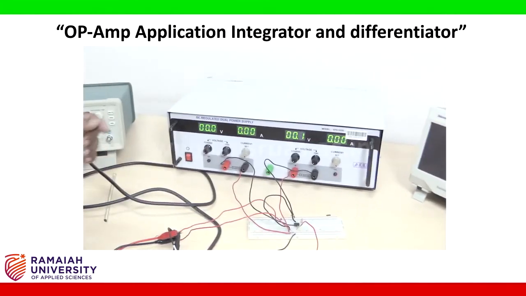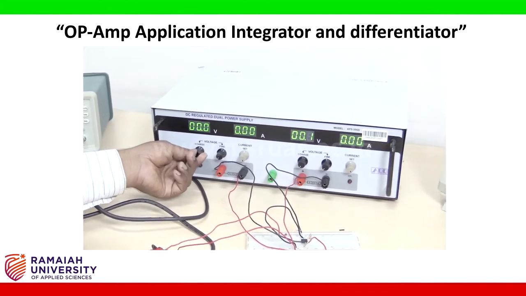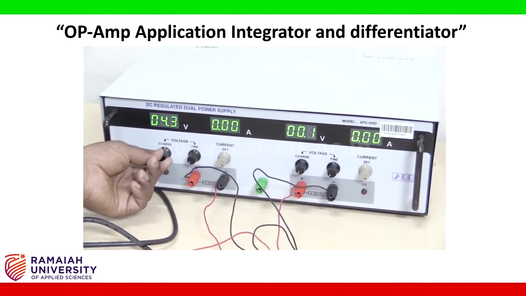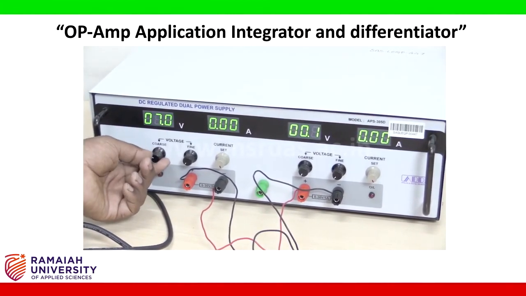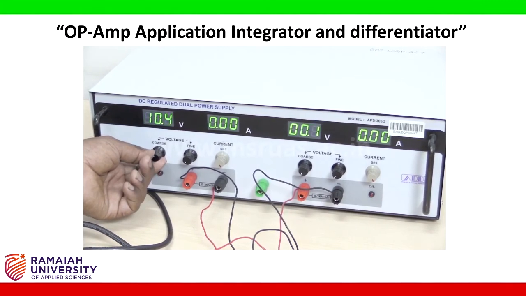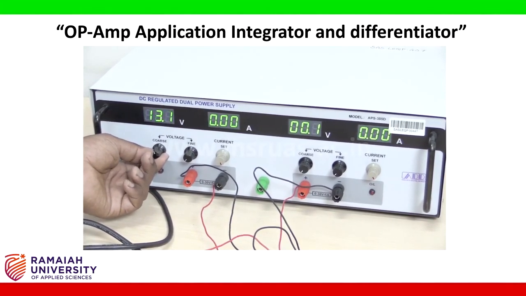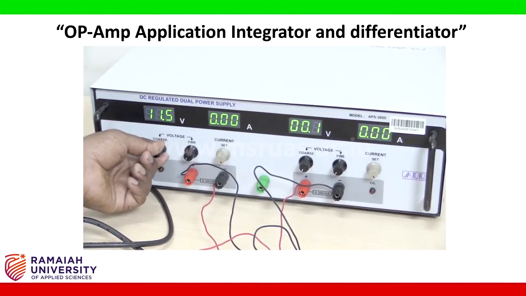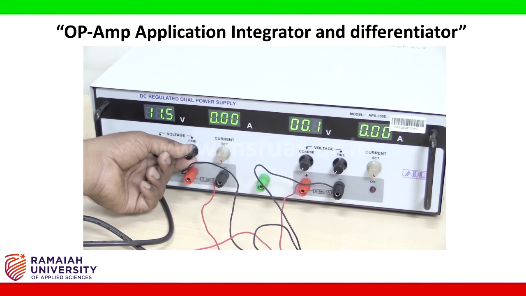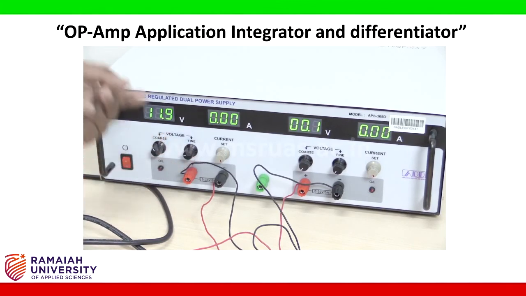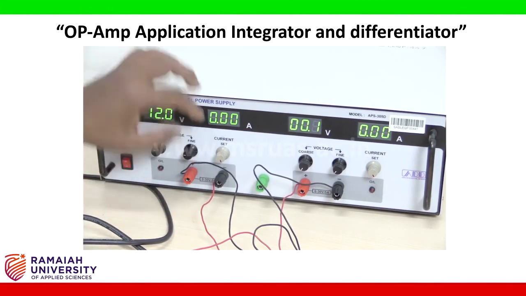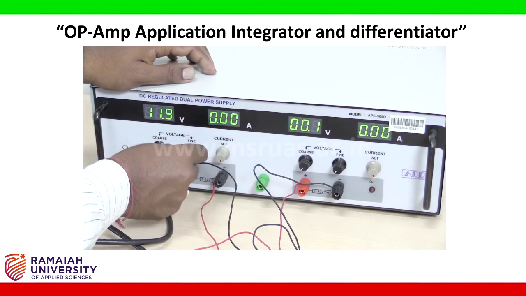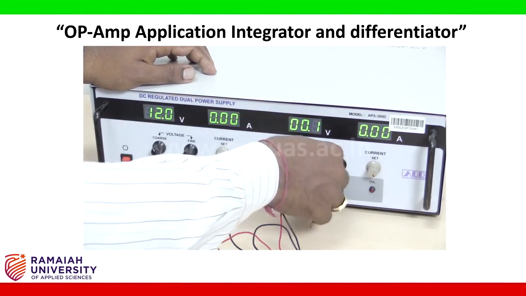Now you set this to 12 volt first. Saturation voltage will be 12 volt for the operational amplifier MUA741. This also you need to set to 12 volt.